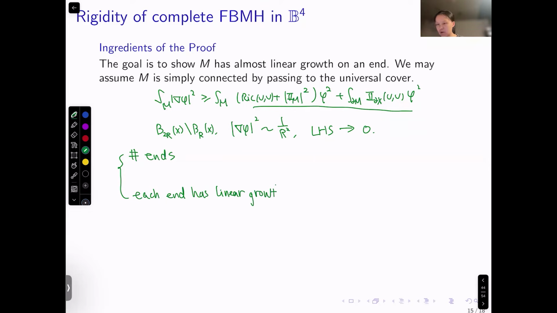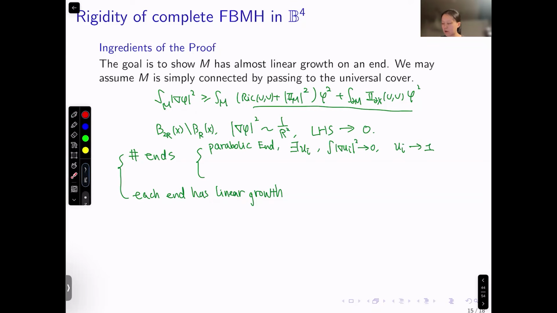So if you have control on both these two, then you can prove that M behaves like it has a linear volume growth. But for the number of ends, we know there's two kinds of ends. The one is the parabolic end, and by definition, you can find a sequence of functions on this end so that the Dirichlet energy goes to 0, but the function itself goes to 1 everywhere.